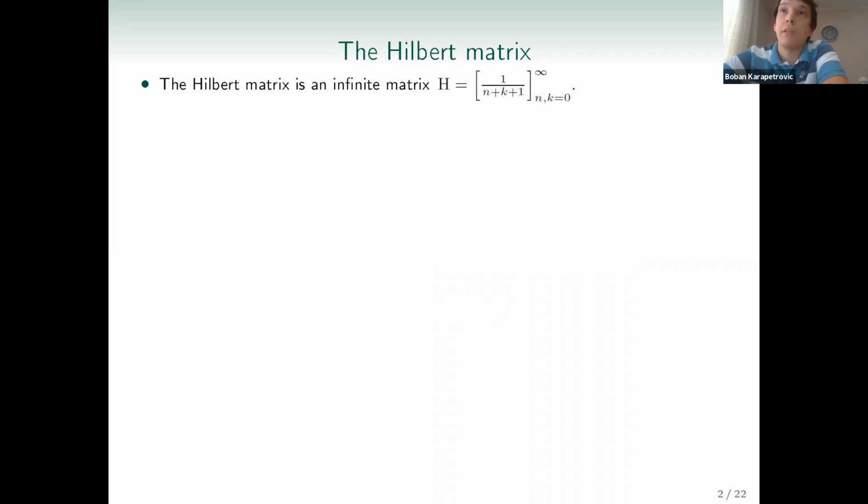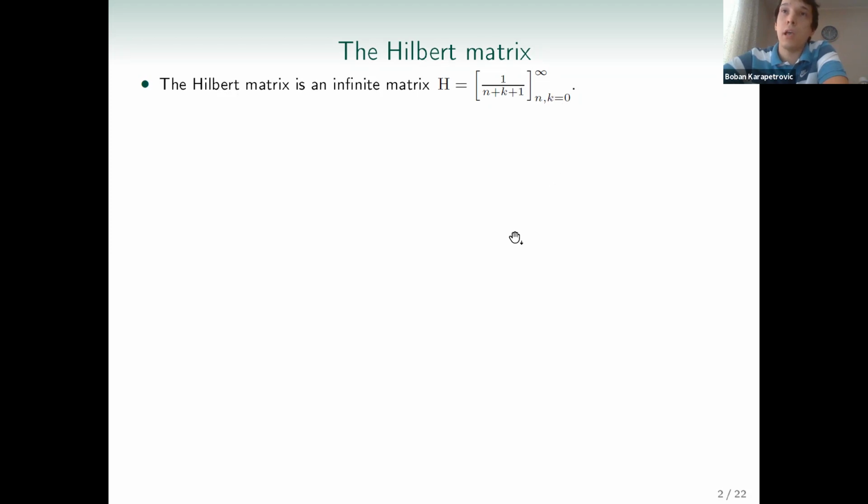First, some basic definitions and some basic notation. The Hilbert matrix is an infinite matrix whose entries are given by 1 over n plus k plus 1. Of course, here n and k go from 0 to infinity.